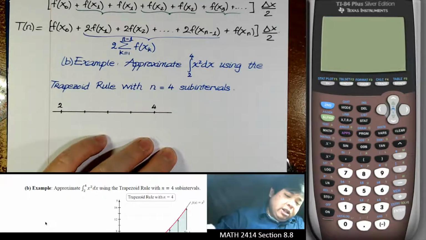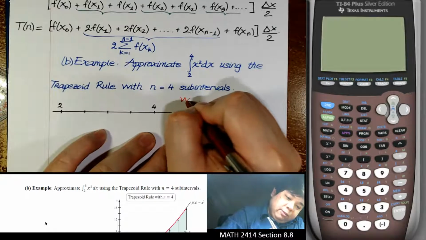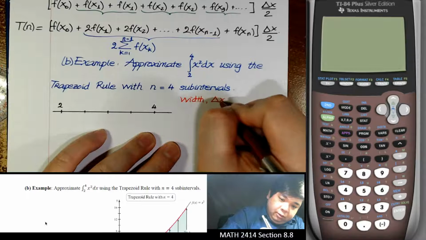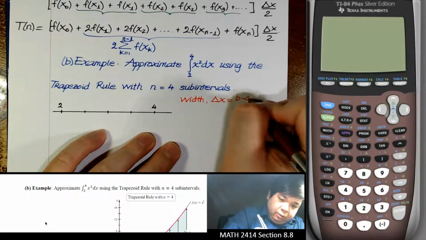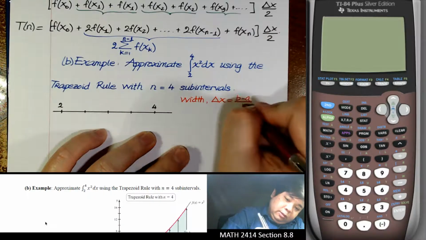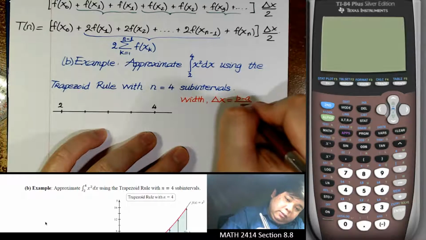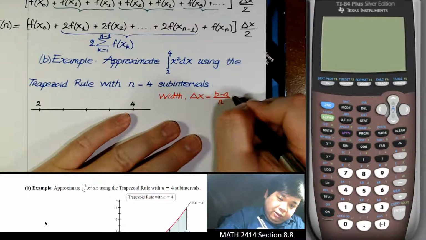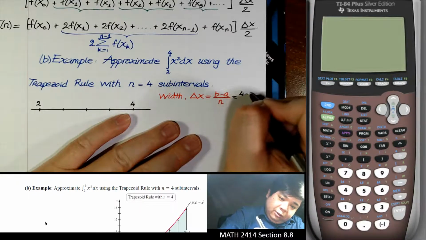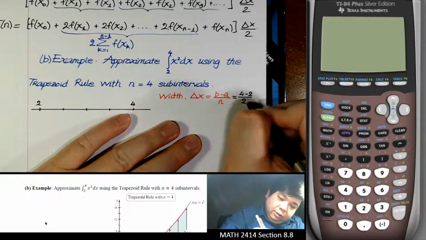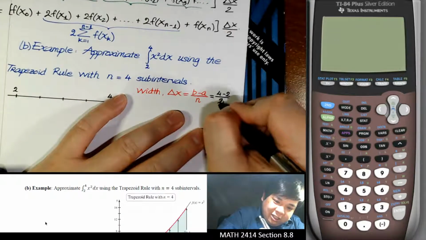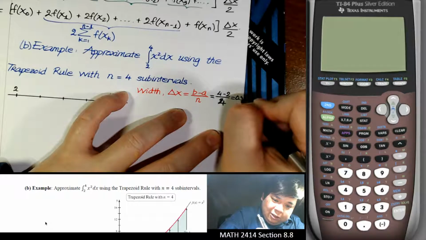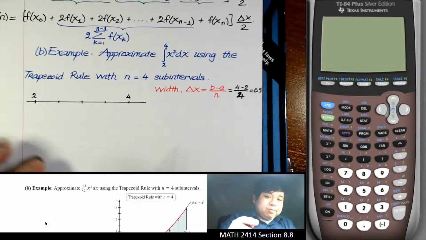First of all, always calculate the width. So 0.5.